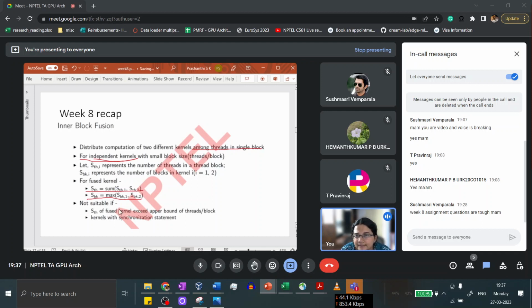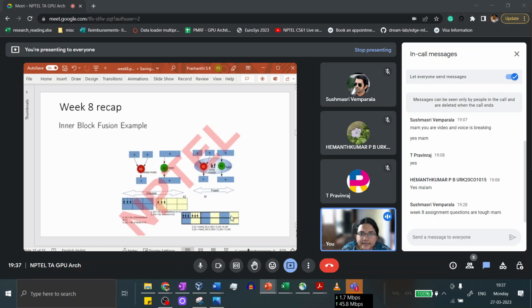And when does this become a problem? When the fused kernel's STH exceeds the upper bound of threads per block. Remember that there are all these hardware imposed limits, so you have to make sure that both of these are within that. And if you have kernels with synchronization statements, this might be unsuitable.